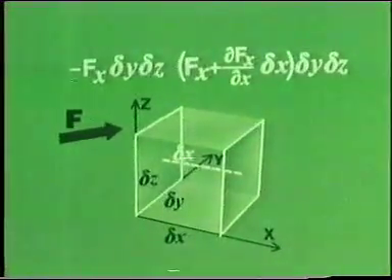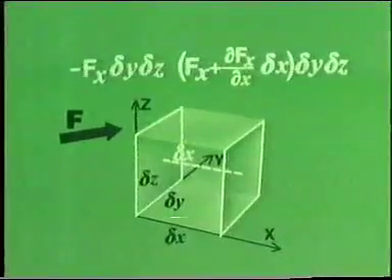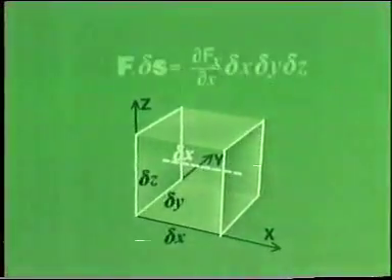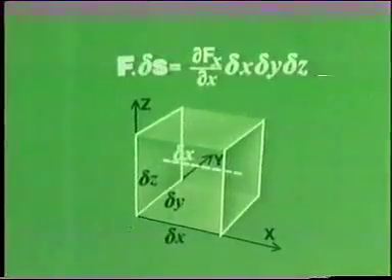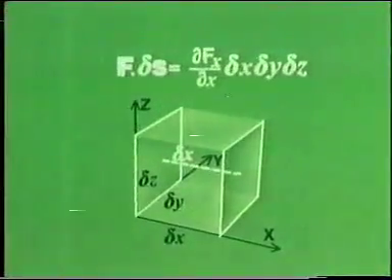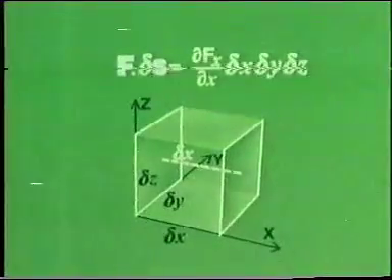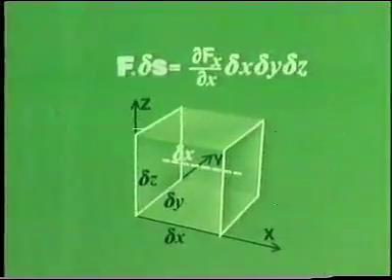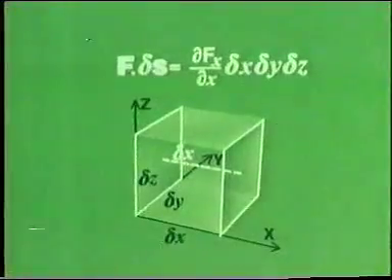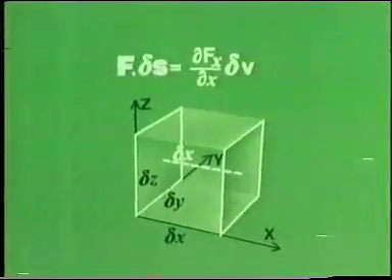The net flow across the two faces is simply the sum of these. So we have f dot delta s for two faces is partial dfx by dx times delta x, delta y, delta z. But delta x, delta y, delta z is simply the volume of our element, delta v.